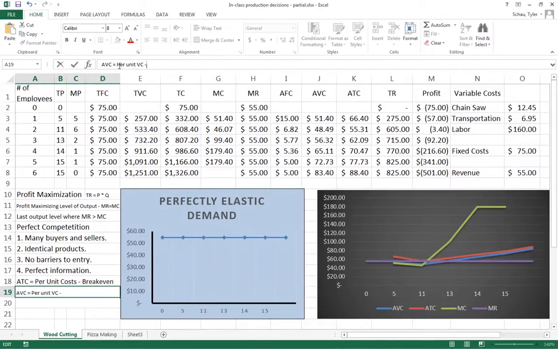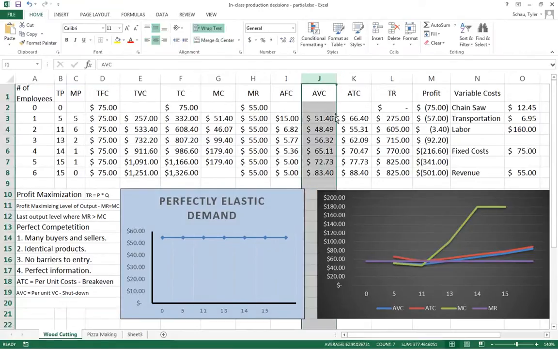Okay, this is my shutdown point. This is where I make the shutdown decision as to whether or not to stay open or to shut down. As long as the price is above the lowest point on the average variable cost curve, in this case it's $48.49, I'll go ahead and remain open.